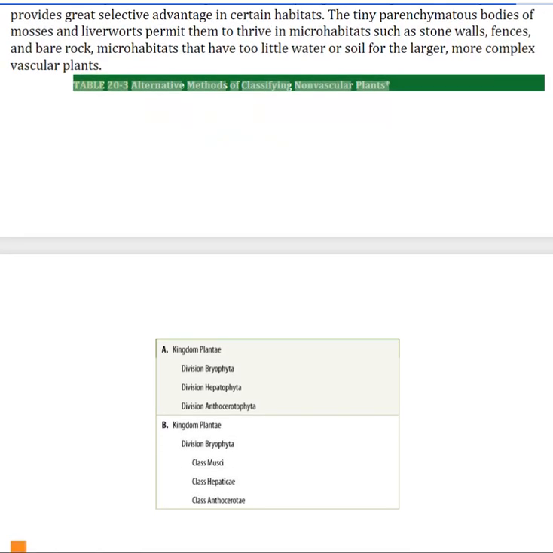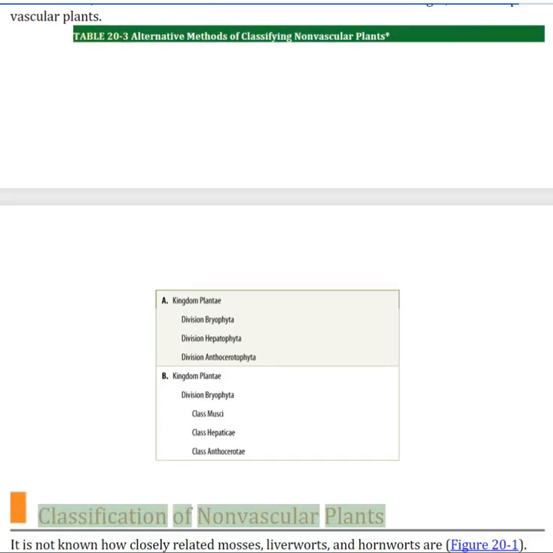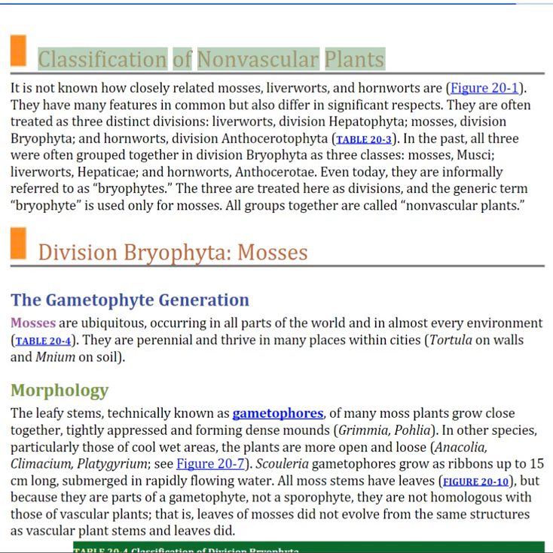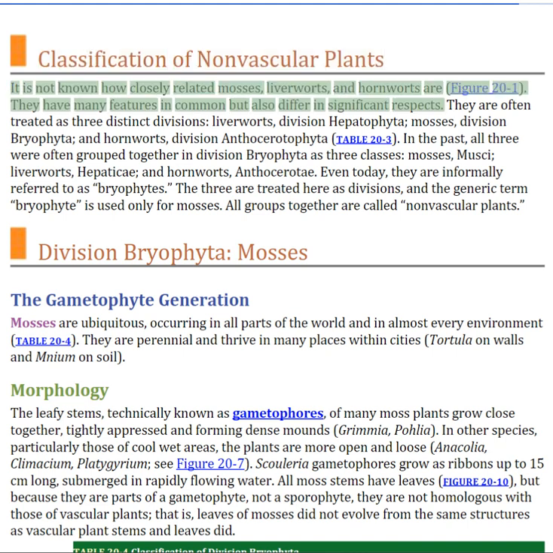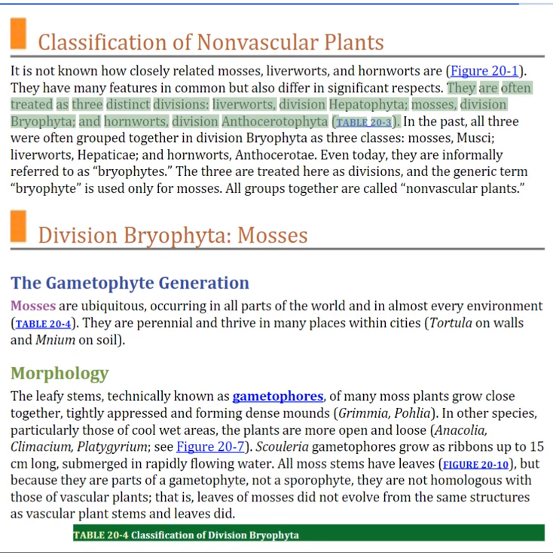Table 23. Alternative methods of classifying non-vascular plants. Classification of non-vascular plants. It is not known how closely related mosses, liverworts, and hornworts are. They have many features in common but also differ in significant respects. They are often treated as three distinct divisions: liverworts, division Hepatophyta, mosses, division Bryophyta, and hornworts, division Anthoceratophyta.